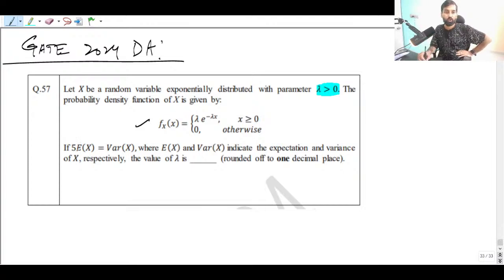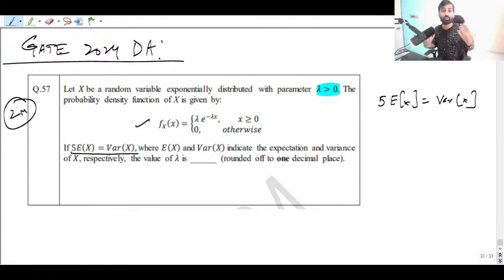Now what they have given here is 5 times the expectation of x equal to the variance of x, and this is a 2-mark question.